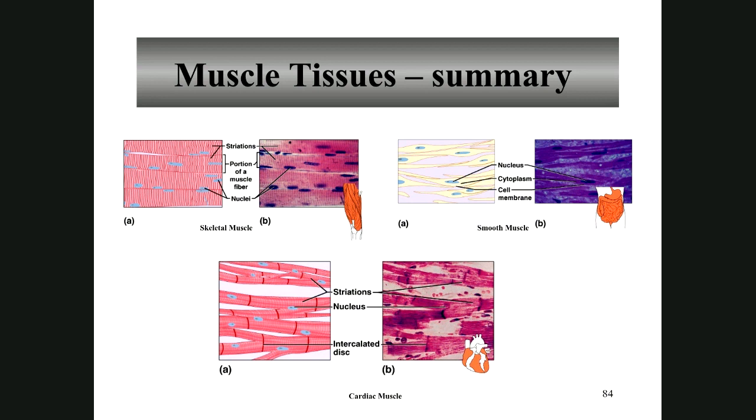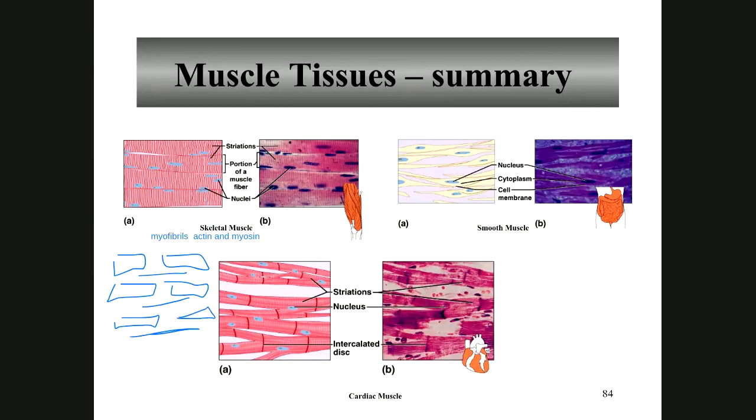These are actin and myosin, and they're highly organized: myosin, actin, myosin, actin, myosin, actin.